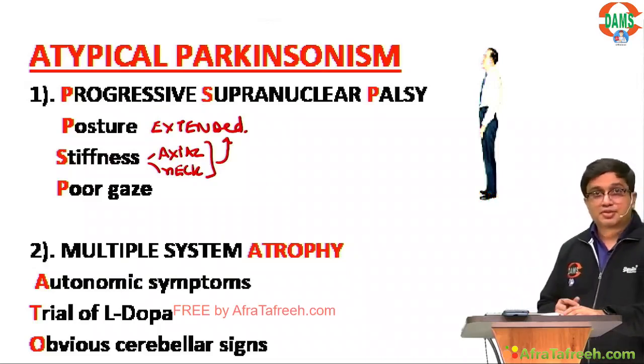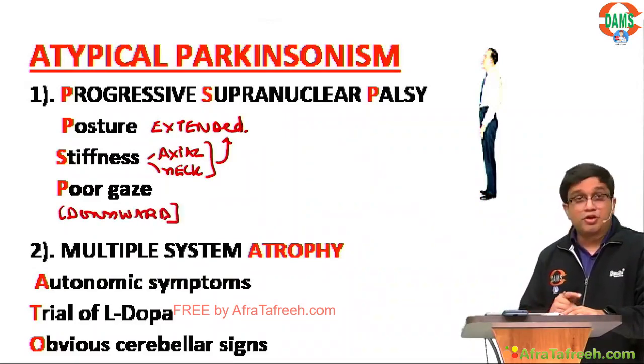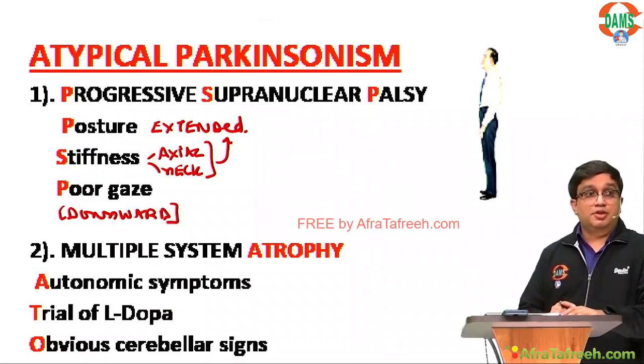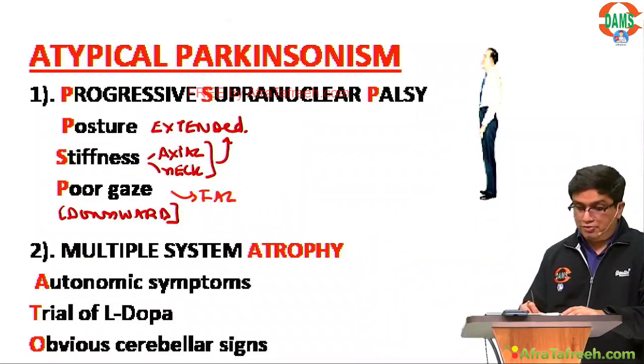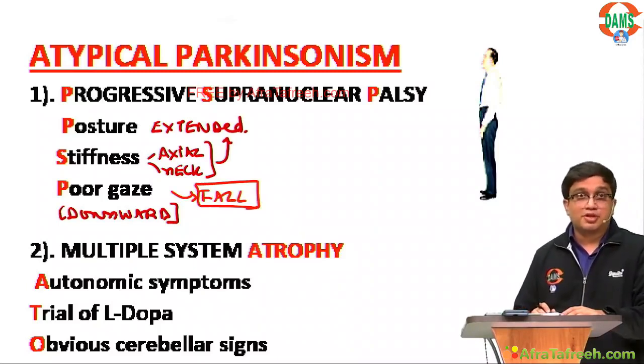And poor gaze. The poor gaze is in the downward direction. So when they walk with an extended posture they cannot look down easily, so they end up having frequent falls also. Patients of Steele-Richardson syndrome, also known as progressive supranuclear palsy.